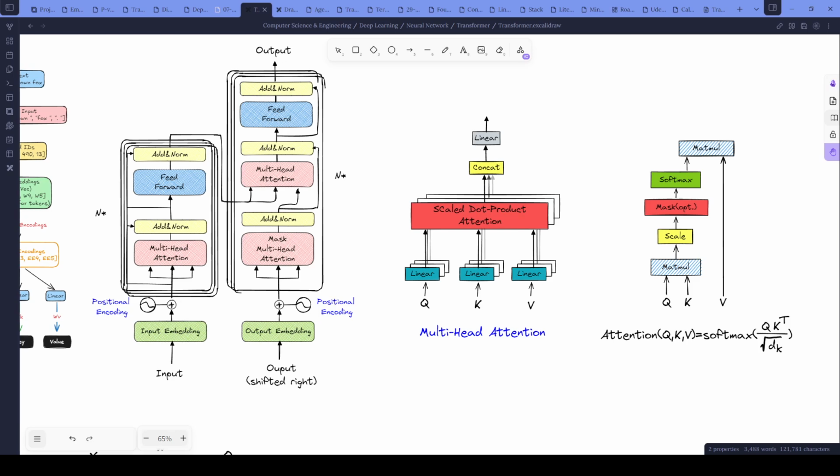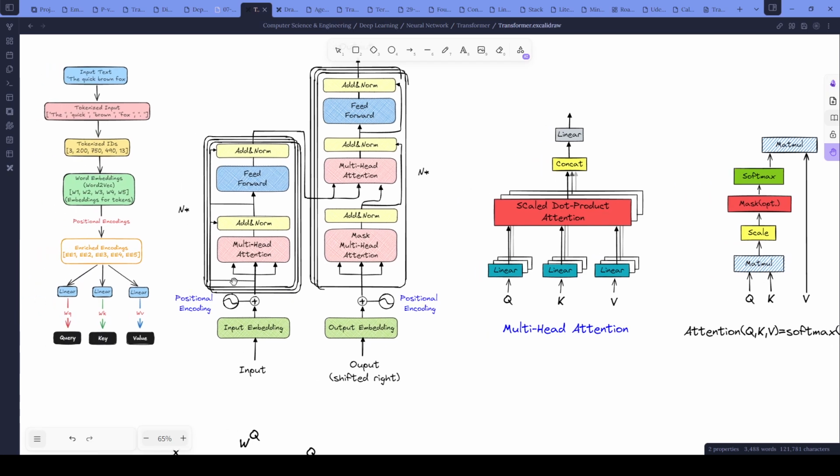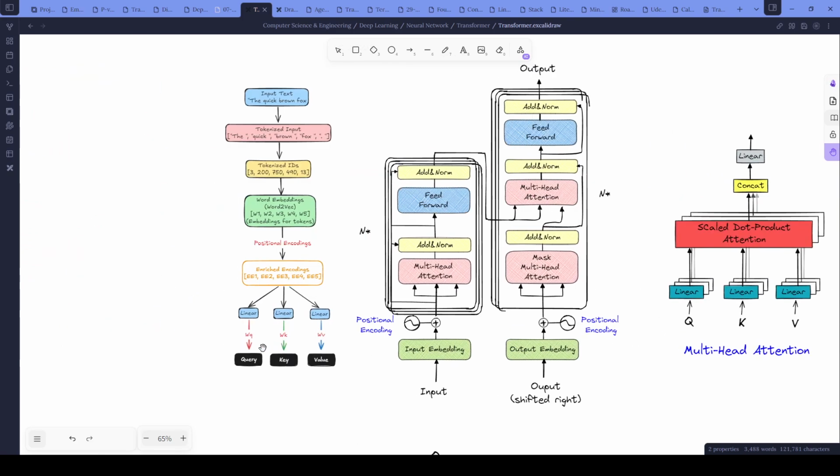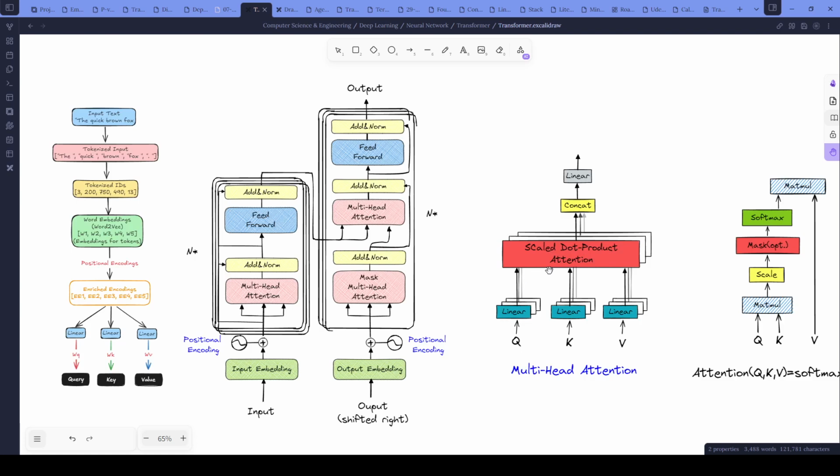After we feed the query, key, value vector through a linear layer, the queries and the keys undergo a dot product matrix multiplication to produce a score matrix.